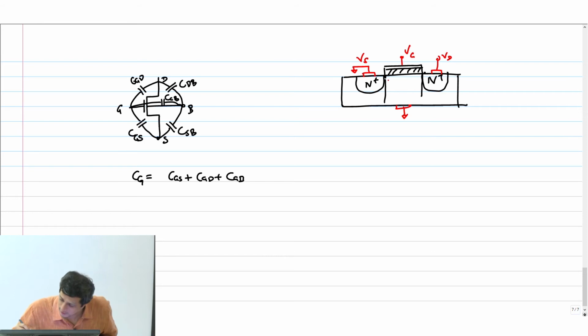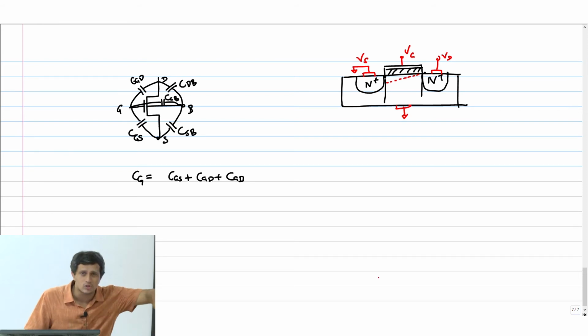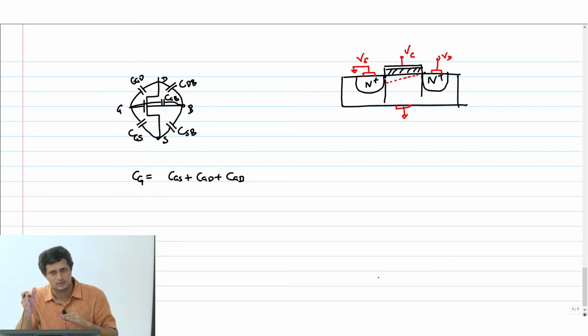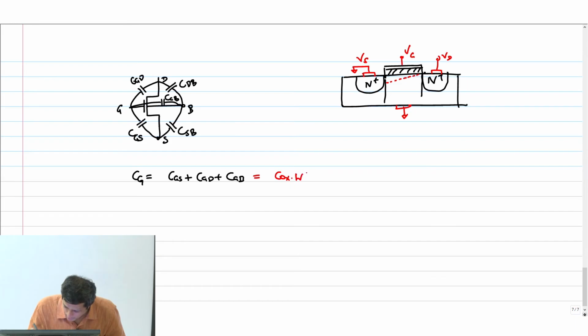When you go into saturation region, the channel will pinch off, which means there is more charge on the source side than the drain side. So there will be an uneven distribution of capacitance in this kind of region. The total capacitance CG, which is a sum of CGS plus CGB plus CGD, is just C_ox into W into L.